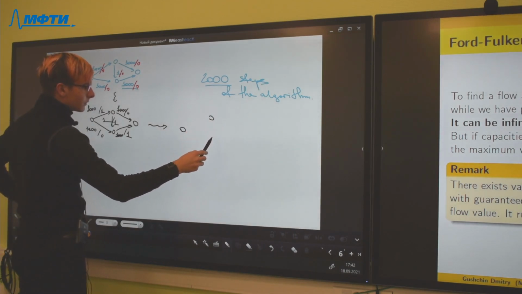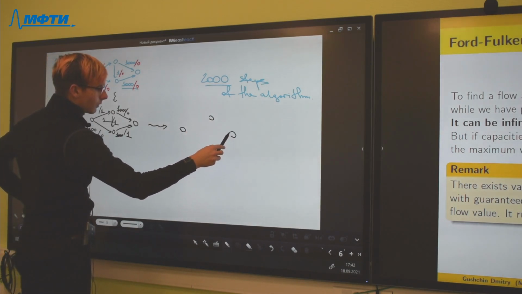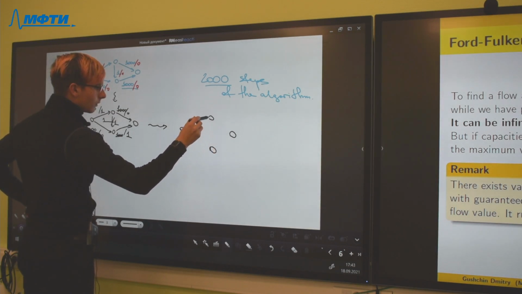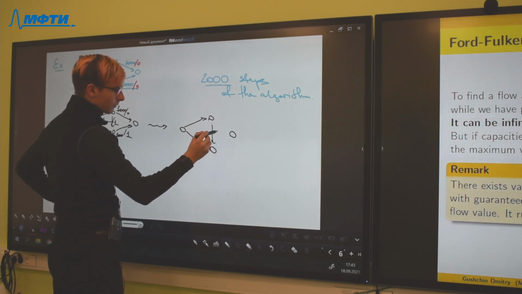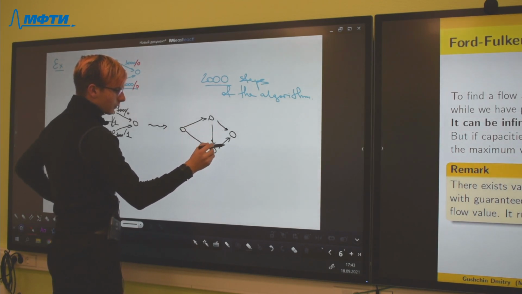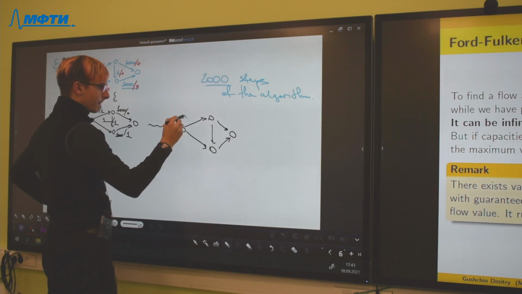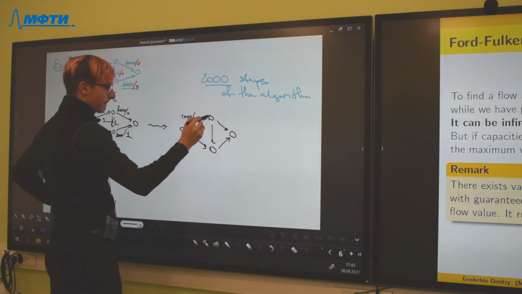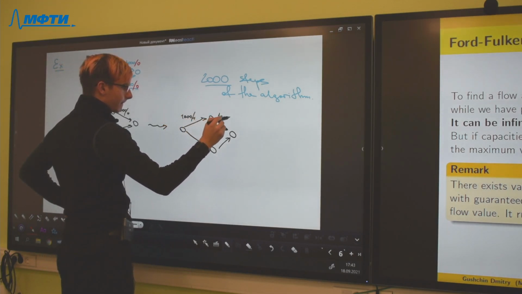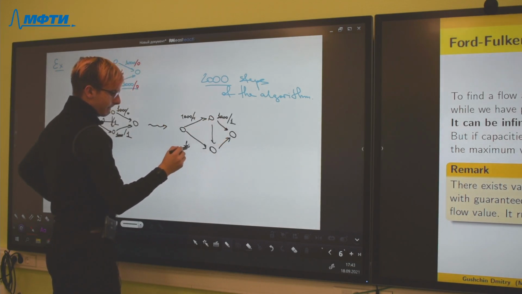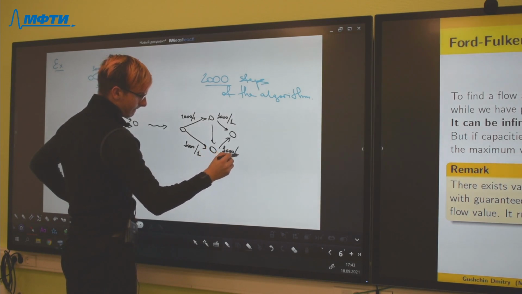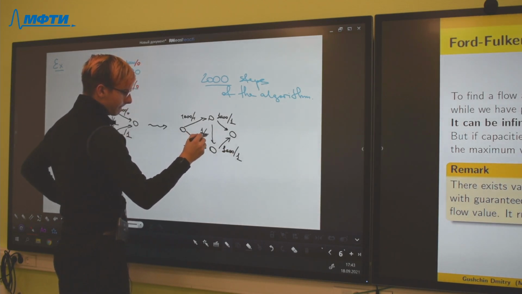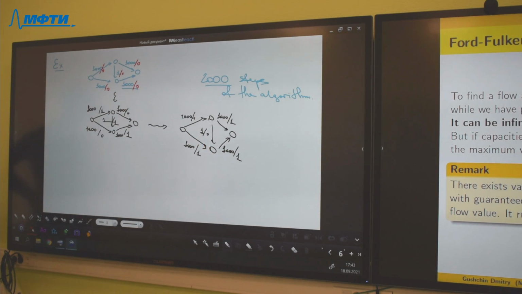And we get a new flow. The value of this flow is equal to 2.